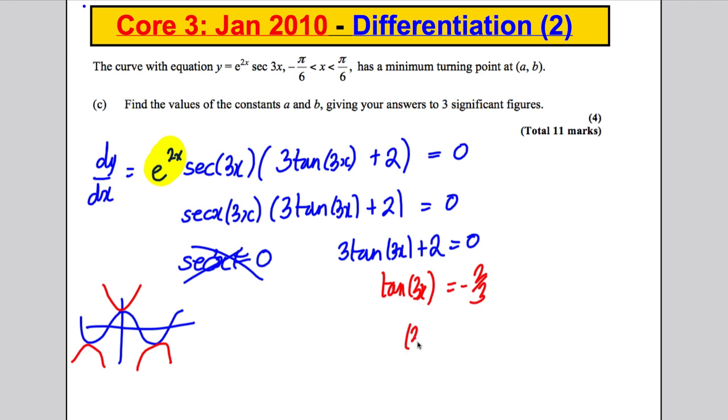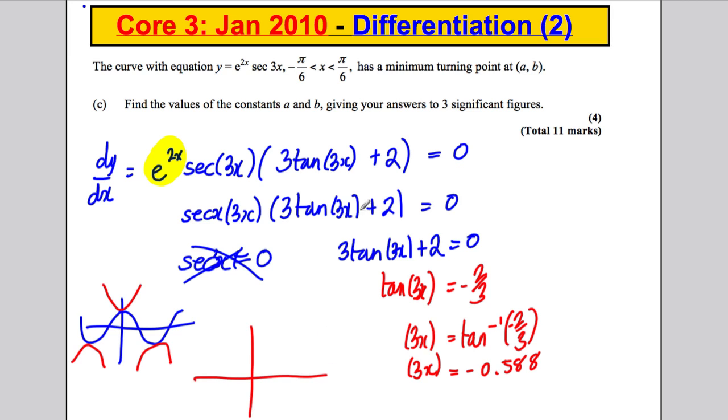So 3x is the inverse tan of negative 2/3. If you do the inverse tan of negative 2/3, keeping your calculator of course in radians mode, you get negative 0.588 for 3x. Now you draw your tan graph.